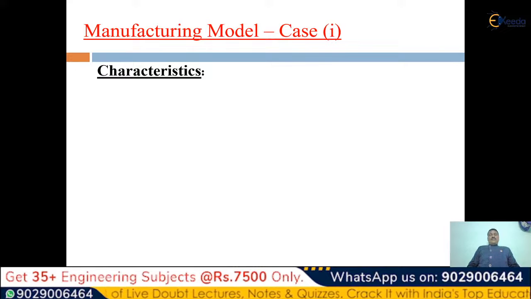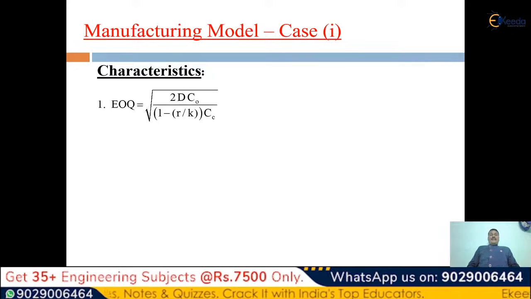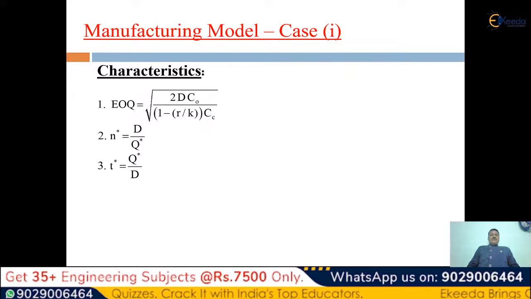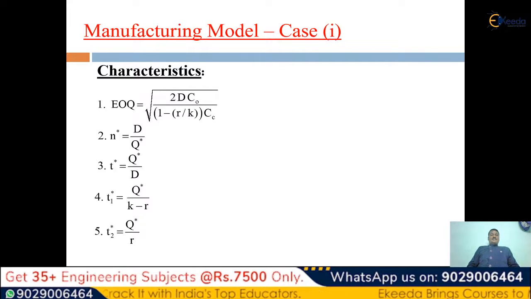Hence, the characteristics or formulas of this manufacturing model are given as follows. EOQ equals root over of 2 D CO divided by (1 minus R by K) into CC.